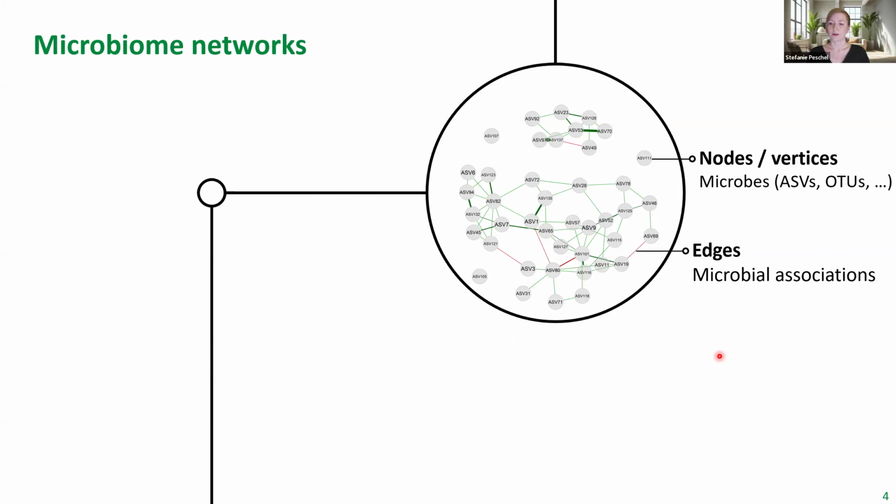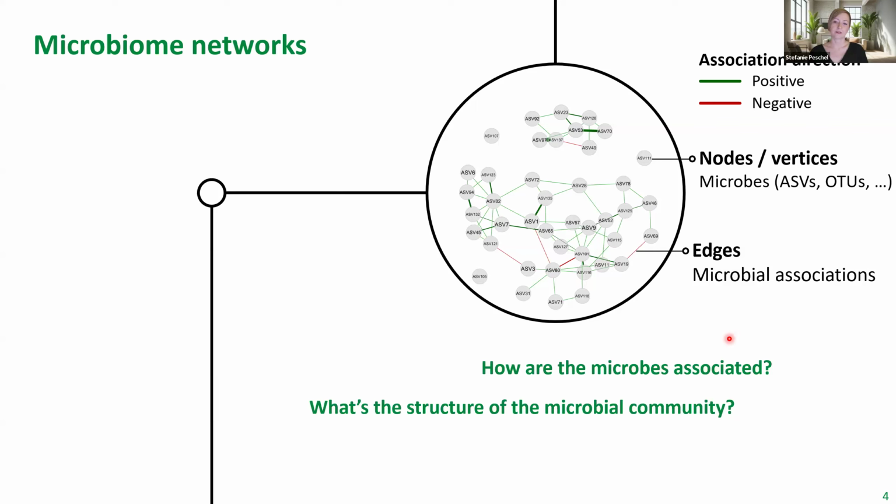And they are connected by so-called edges, which represent the microbial associations. You can imagine these as correlations, for instance. There's also an edge color in this plot, and they just represent the direction. Positive correlations or associations are colored in green, and red ones represent negative associations.